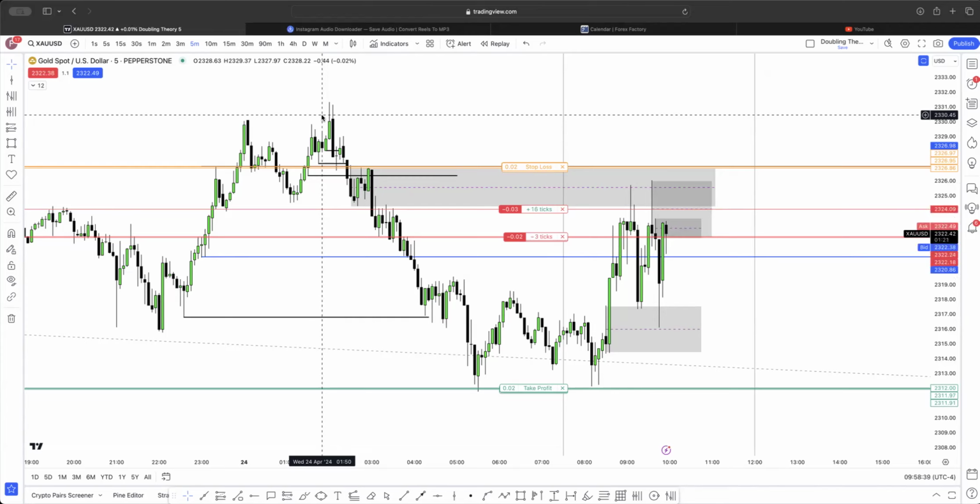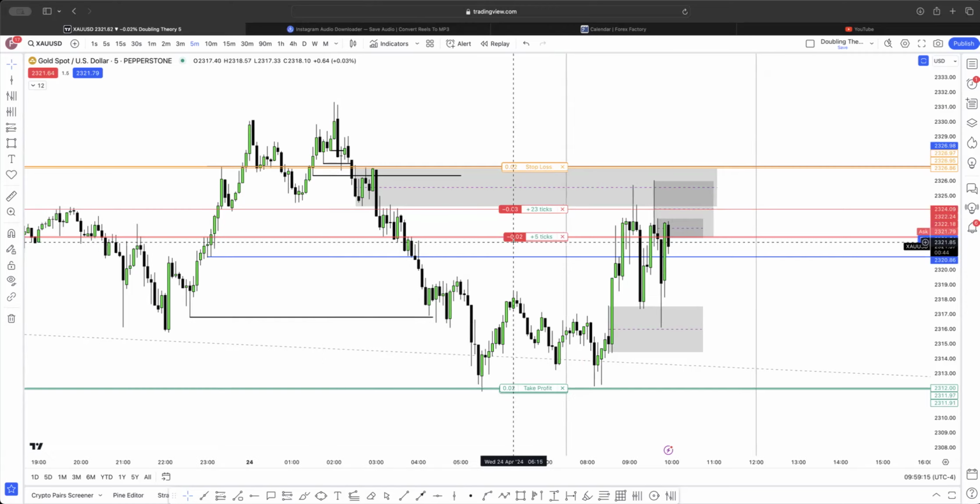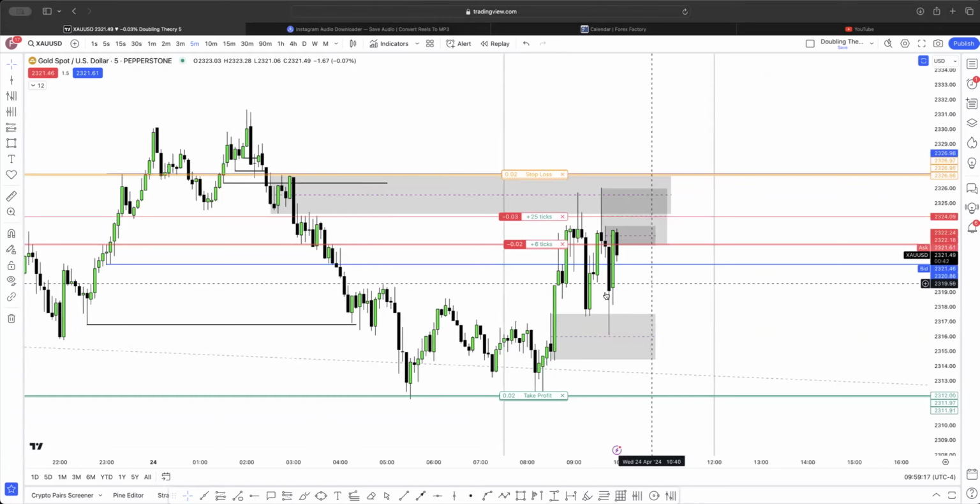And there is no high impact huge driver today. So that's another problem. Not enough volume. Okay, 1 minute more. Let's mark out the 10 o'clock opening price.